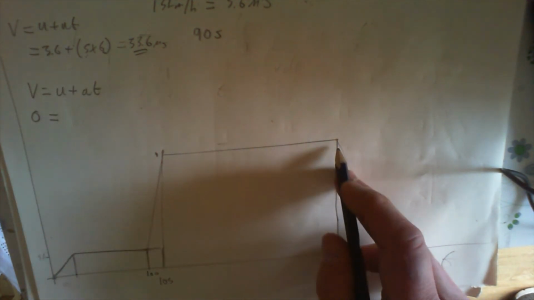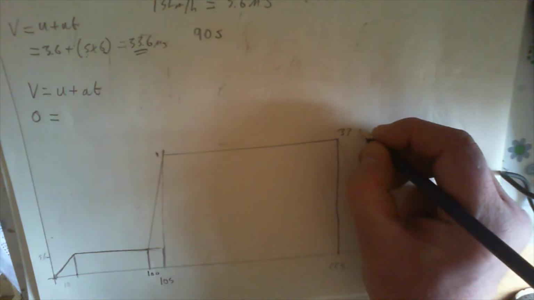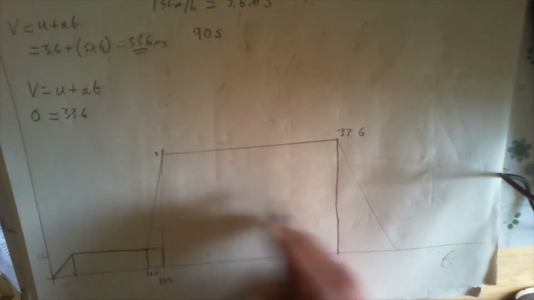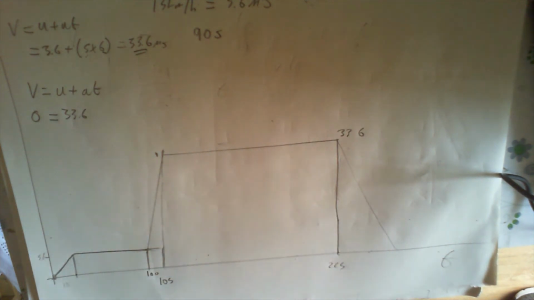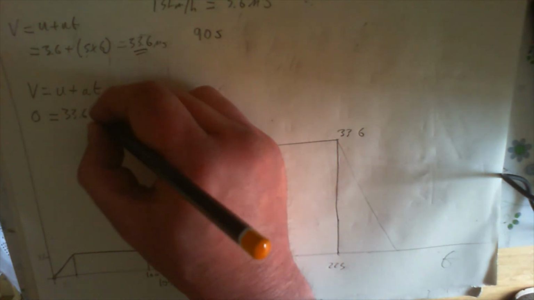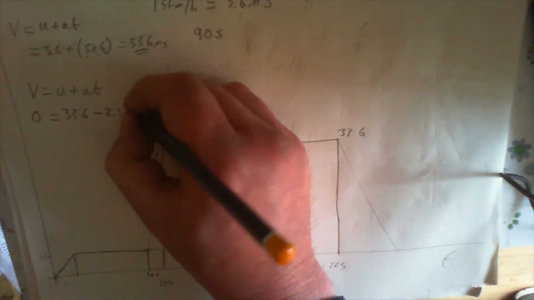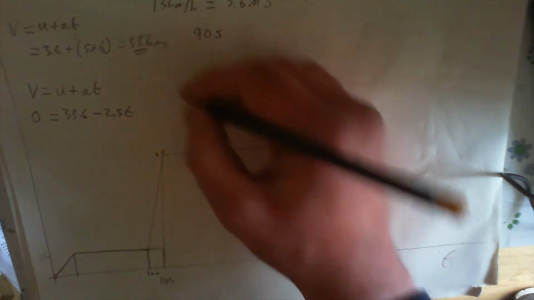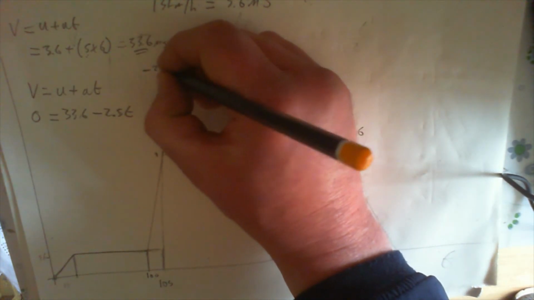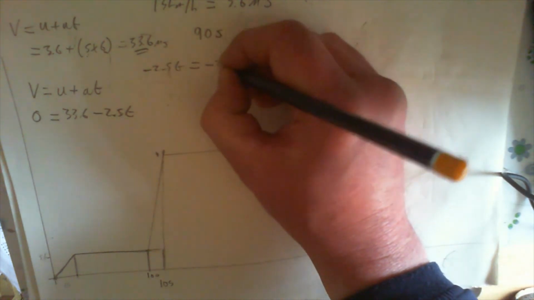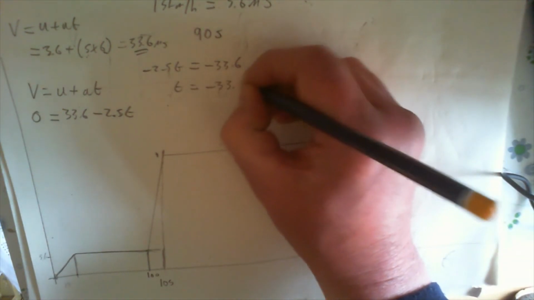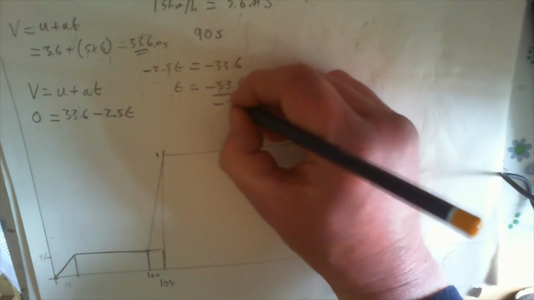The velocity here was 33.6. Now it's decelerating at 2.5 meters per second. Is that right? Yep. So that's minus 2.5 times the time. And when you rearrange that, it's minus 2.5t equals minus 33.6. So t is going to equal minus 33.6 divided by minus 2.5.